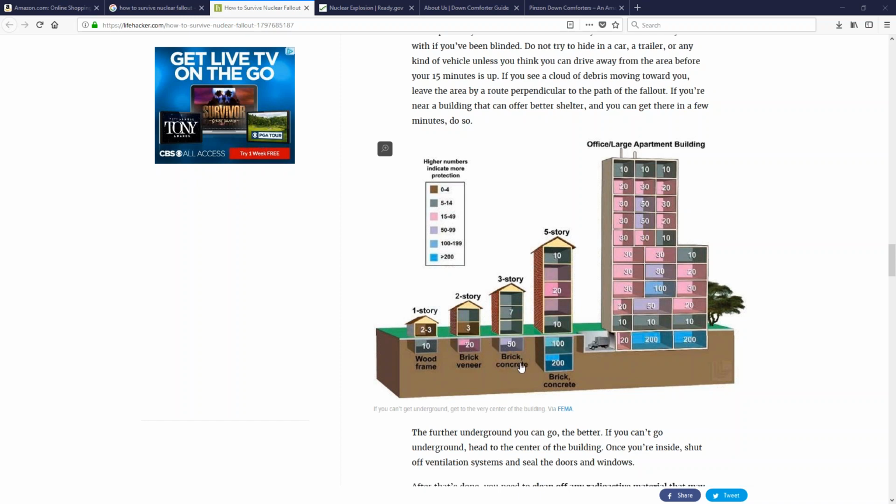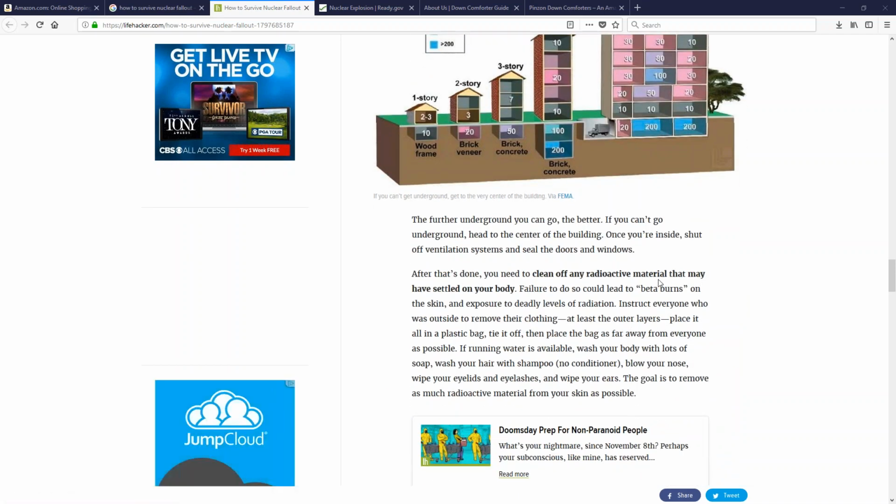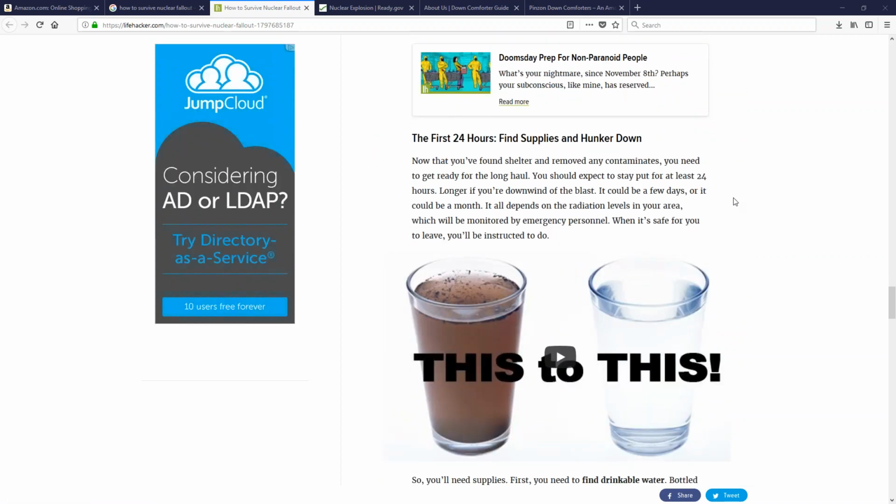A concrete brick basement is not going to offer a ton of protection compared with a multi-story basement or a basement that is on a multi-story building and not anywhere close to the entrance. So this would be information that goes into my article.